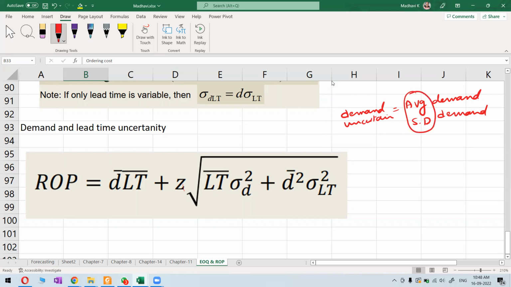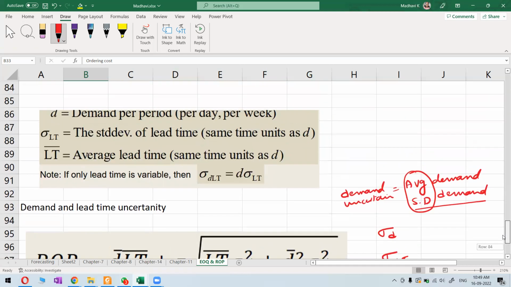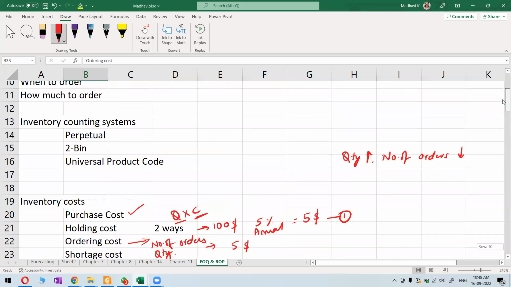Are they talking only about average of demand, or average of lead time, or both? Based on that, we can use the formula, and always the Z score and standard deviation would be related to that element only. If demand is uncertain, then it is sigma D. If the lead time is uncertain, sigma LT is what we are talking about.